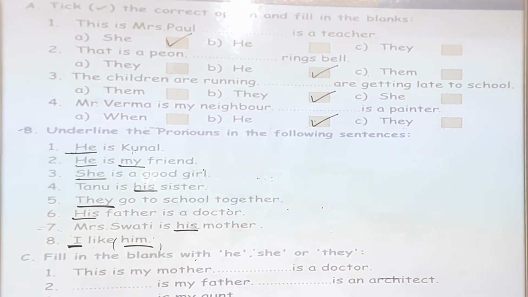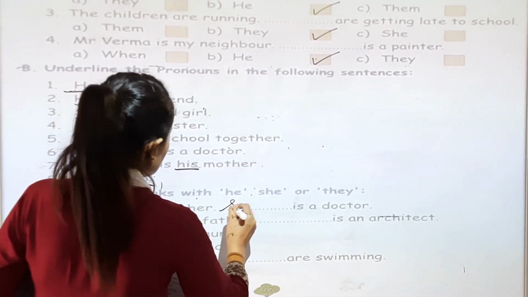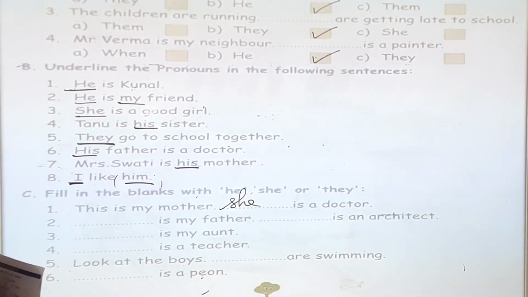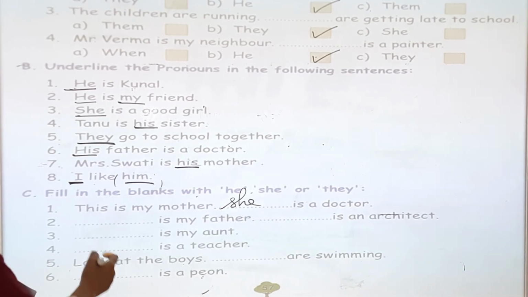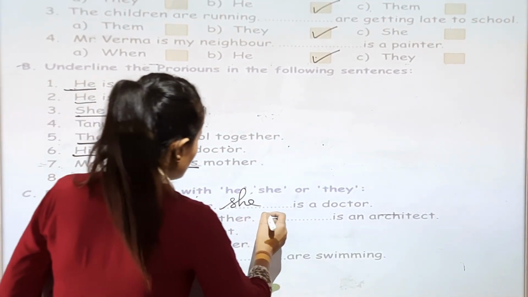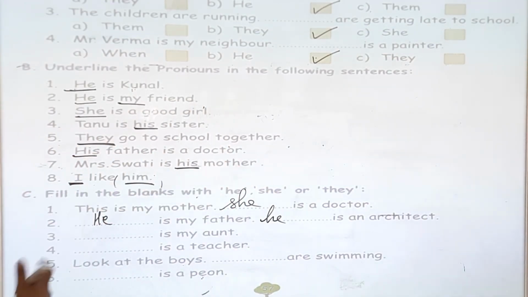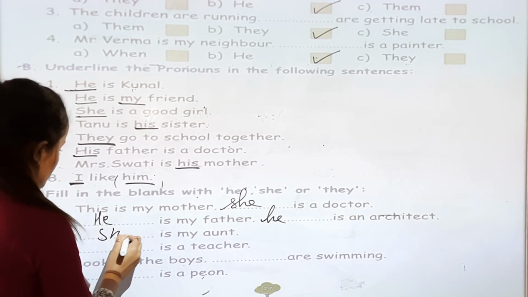Now, fill in the blanks with he, she or they. This is my mother. She is a doctor. Dash is my father. He is my father. He is an architect. She is my aunt.